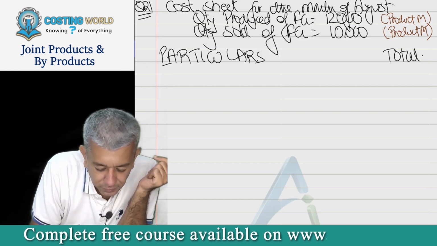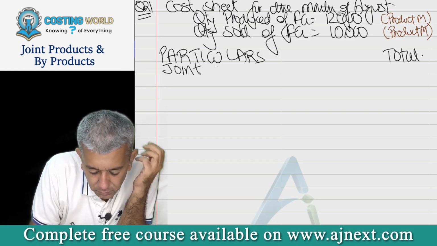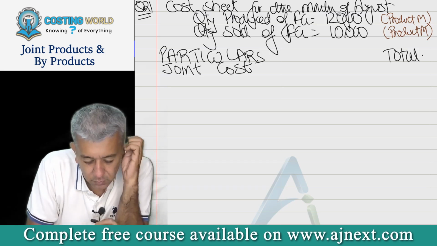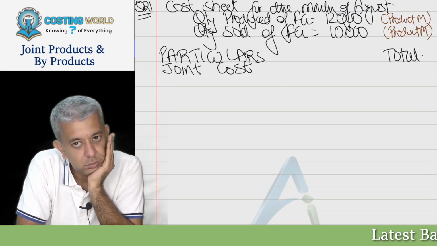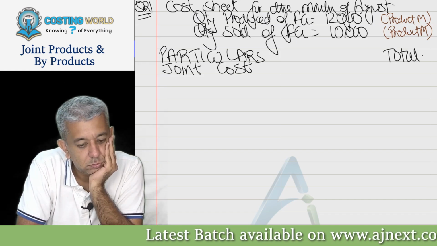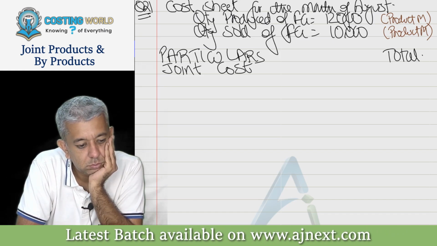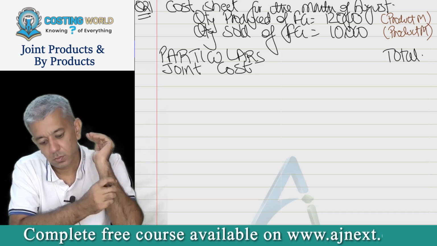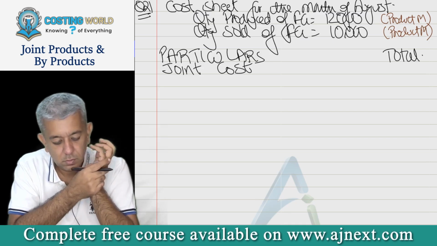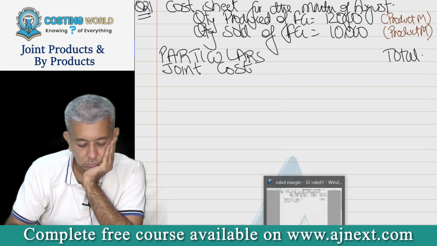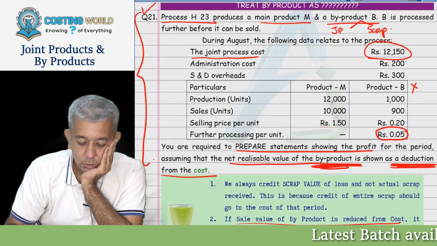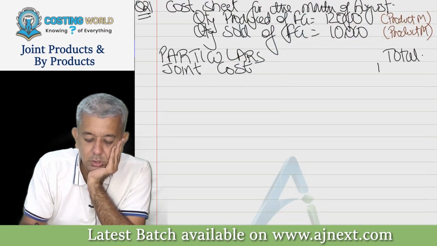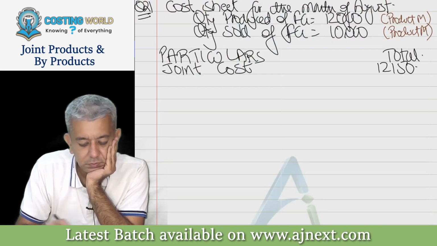Let's start. Joint cost. Joint cost in this case 12,150.